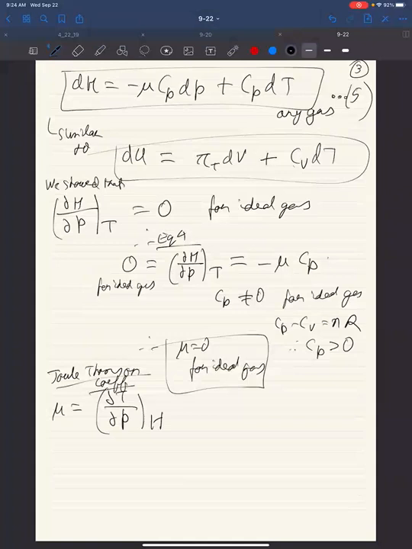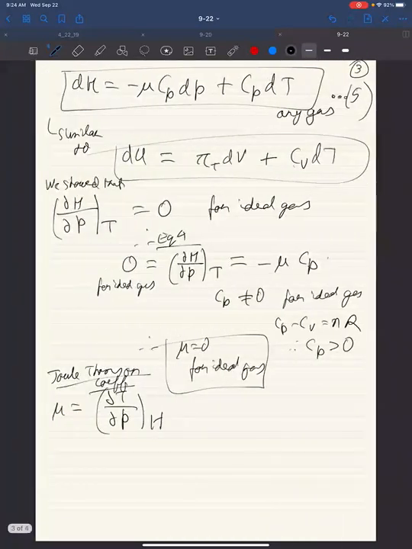Why would you care about such a thing? It turns out there is something called the Joule-Thomson effect for which it matters. And this Joule-Thomson effect is used in the liquefaction of gases. I will draw this setup, and Atkins talks about it over 2 pages with nice colorful diagrams. So you can go and look at it, but I will describe to you the basic process. Let's go to the next page. So the Joule-Thomson effect.